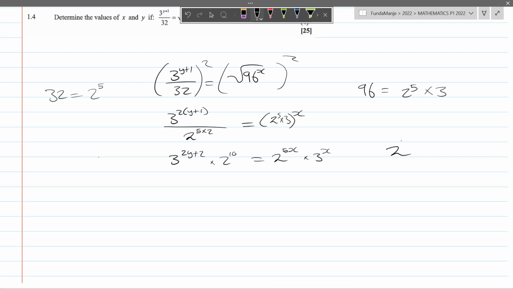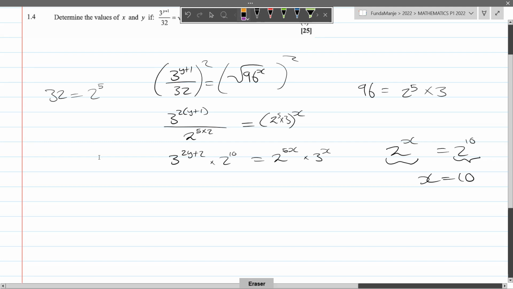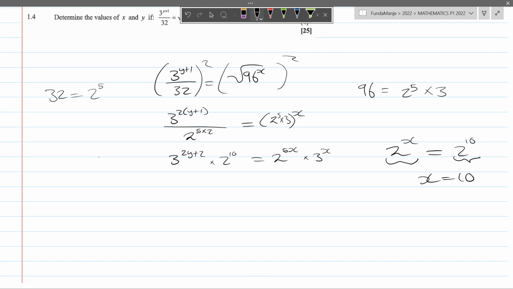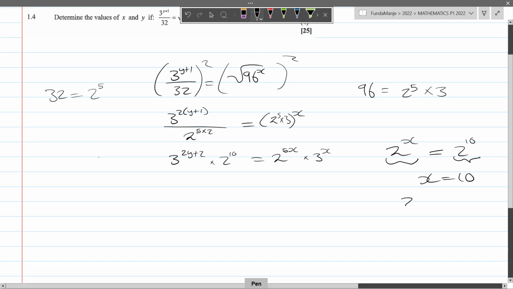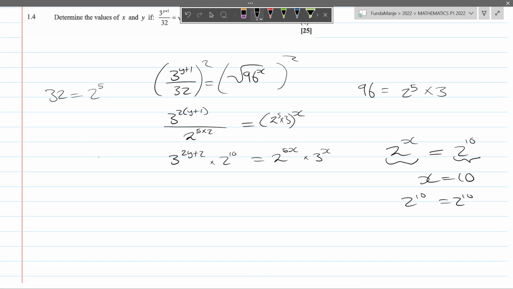So I'm pretty sure you're familiar with problems like this. It's the same kind of thing. In this case, you would say the exponent is equal to 10 because we have 2 and 2 as our base, which means that there's no way that the exponents can be different and this equation still be true. So 2 to the power of 10 is equal to 2 to the power of 10.